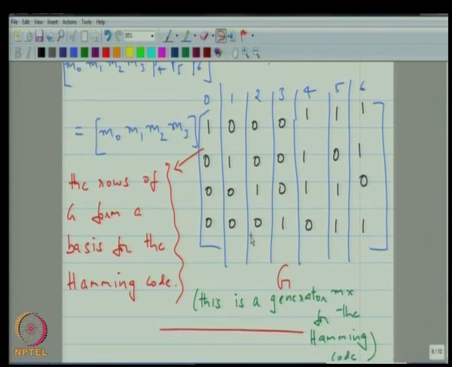From an earlier lecture we saw that the matrix that you see here in the middle of your page is actually a generator matrix for the Hamming code. Now we also want to use the fact that this generator matrix is in the form of a systematic generator matrix.